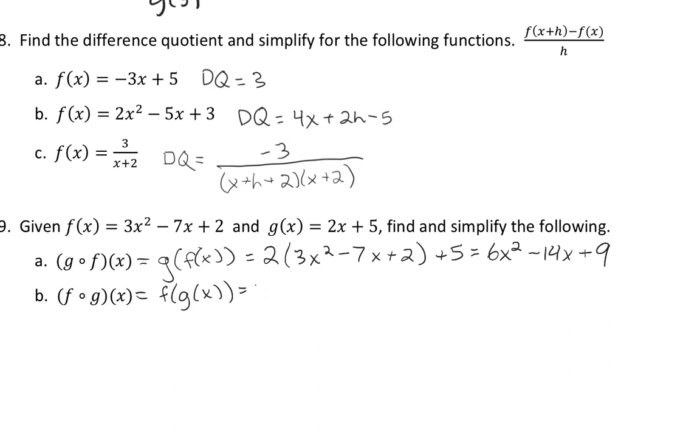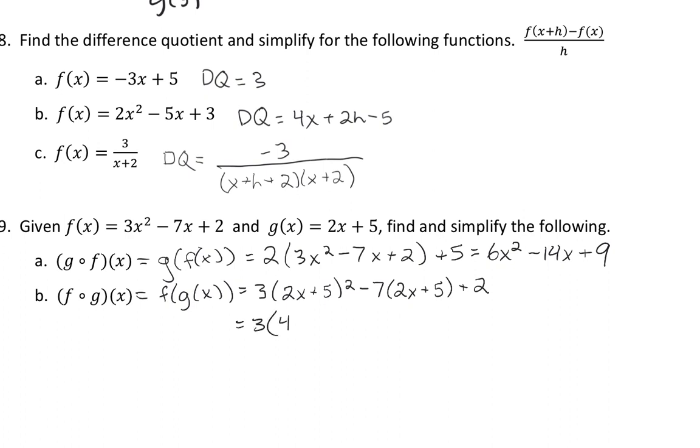So this is equal to 3 times (2x plus 5) squared minus 7 times (2x plus 5), and then plus 2. So I'm going to do some simplification here. First, I'm going to FOIL this.